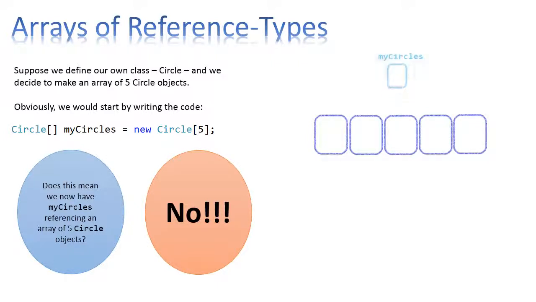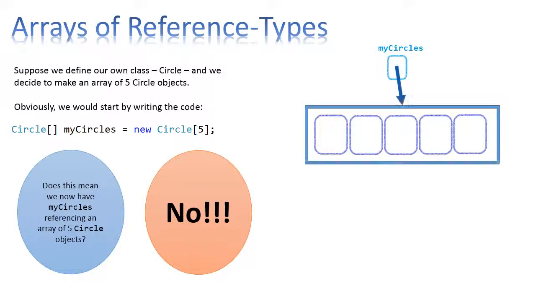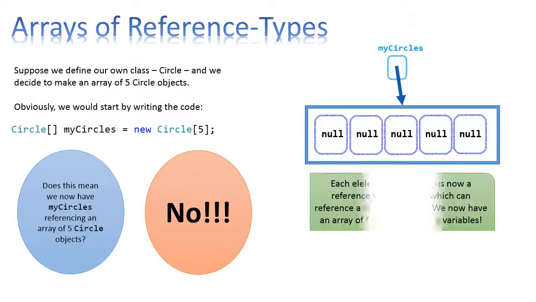Now let's see what we have here. We have myCircles, which refers to the 5-element array. However, each element is not a circle object. Each element is a circle reference. So this means that each element can refer to its own circle object.